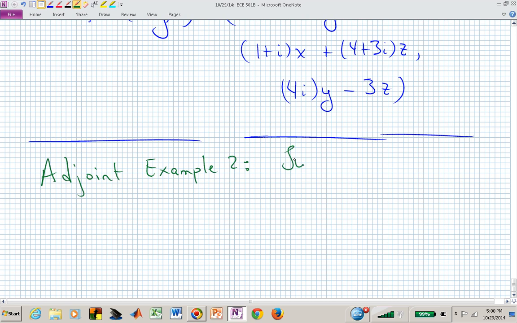Suppose T, a linear map, is now between, say, R3 and R3.